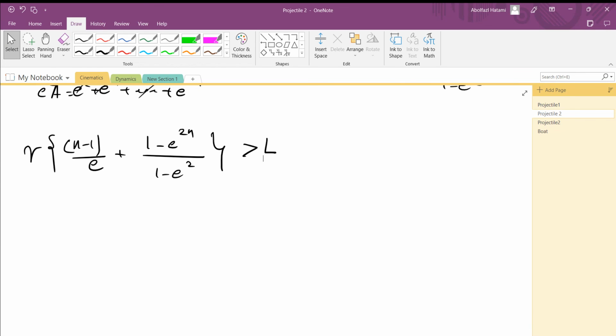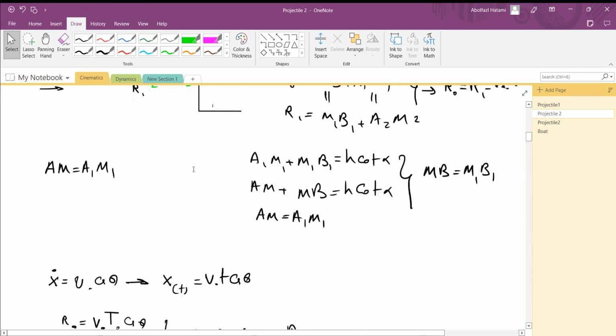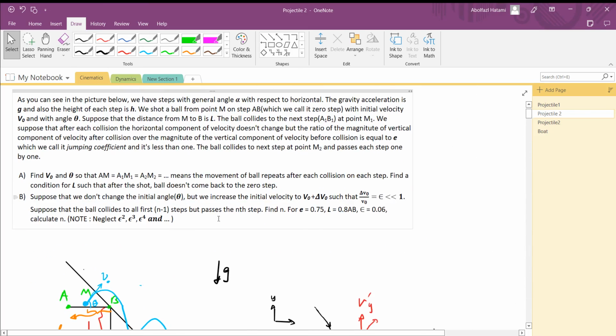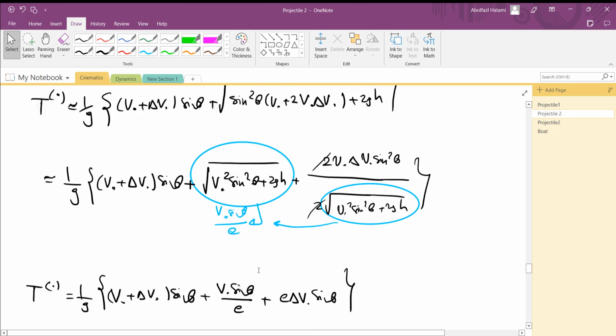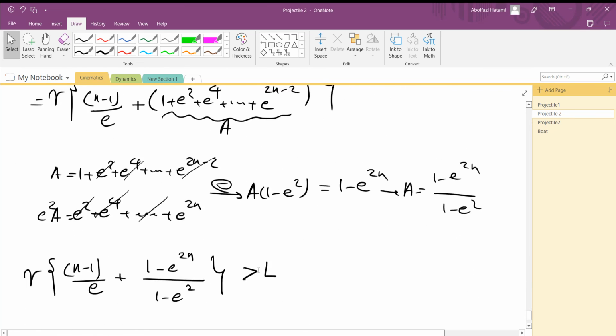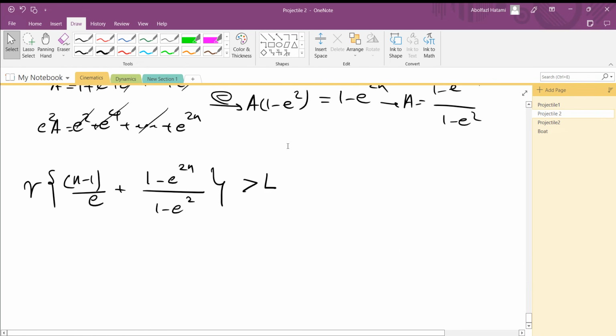So we found the condition. If you find the minimum n that satisfies this inequality, you are going to find n.